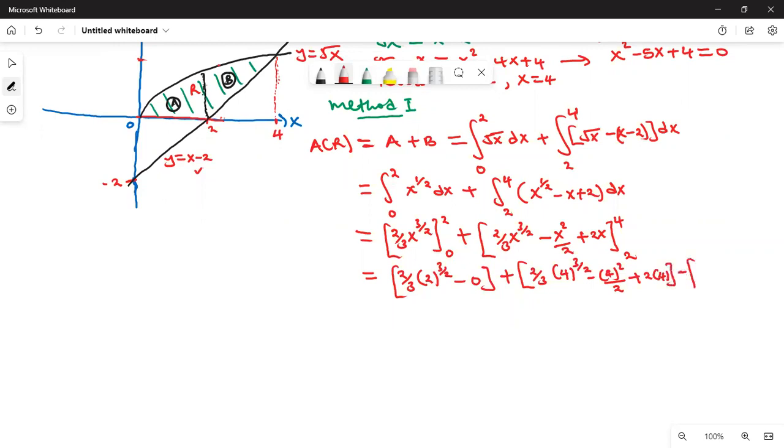Then we are subtracting when we use 2, so we get 2 over 3 times 2 raised to 2 over 3. No, that should be raised to 3 over 2. So let me change it. It should be 3 over 2, minus 2 squared, which is 4 over 2, plus 2 times 2, that is 4. So when you work it out, you realize that this will cancel with this. What else? You can press the remaining in your calculator.